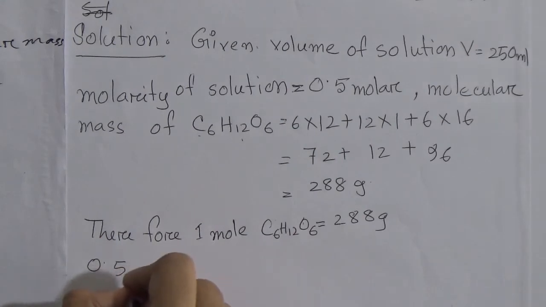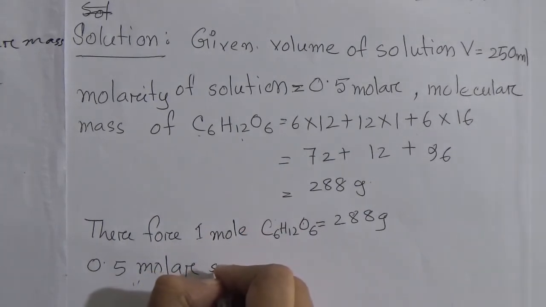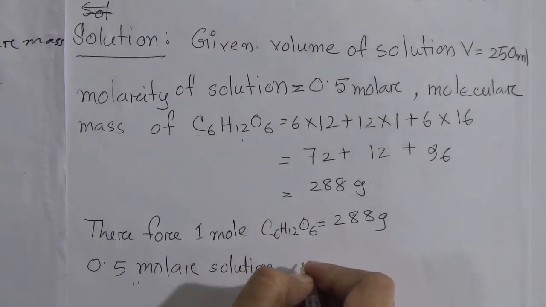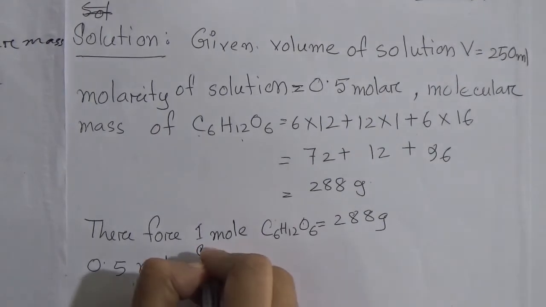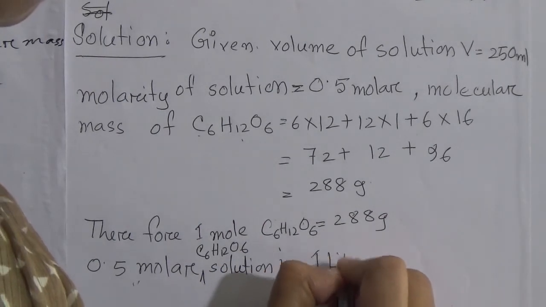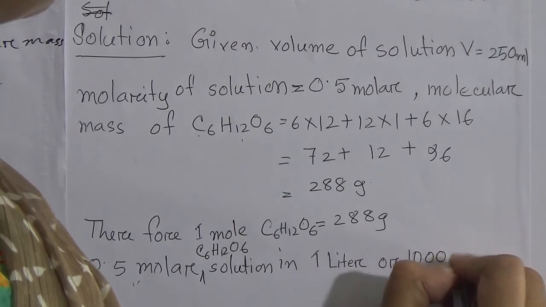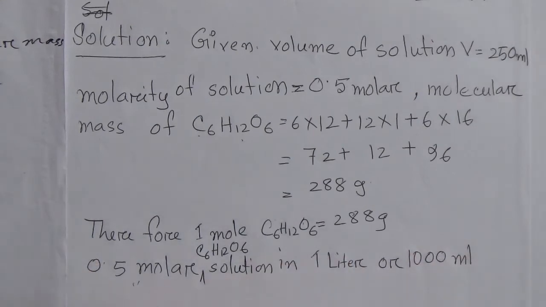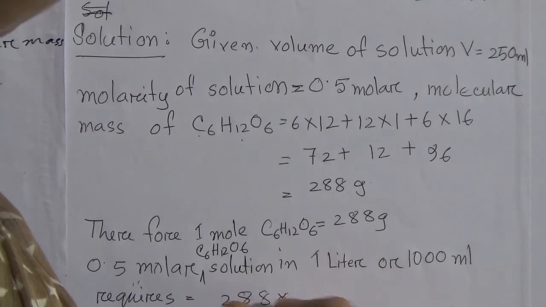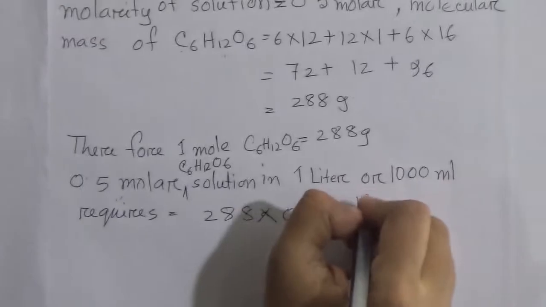And 0.5 molar solution, there will be glucose C6H12O6 in 1 liter or 1000 ml requires 288 multiplied by 0.5, and it will be 144 gram.